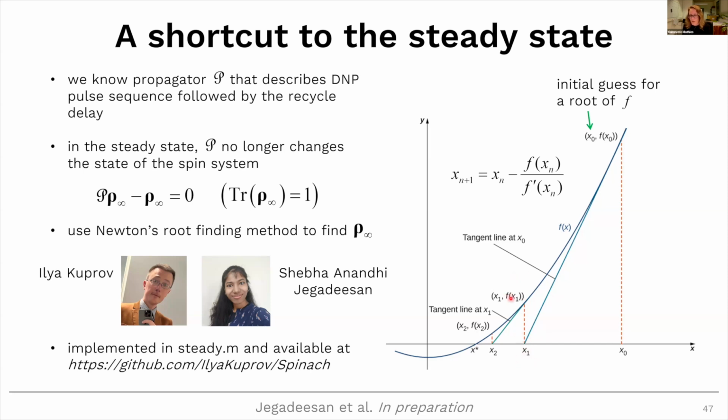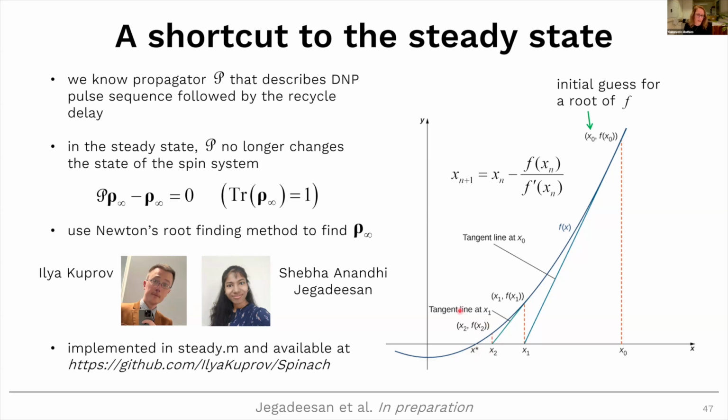So I'm going to calculate the derivative of f at x1 to get another tangent line. And again, I'm going to search for where that tangent line intersects the x-axis. I'm going to call that x2. And as you see nicely in this figure, for a function that's reasonably well behaved, this gets me in just a few iterations pretty quickly to what's called x star here, the actual root, so where the function actually intersects 0.